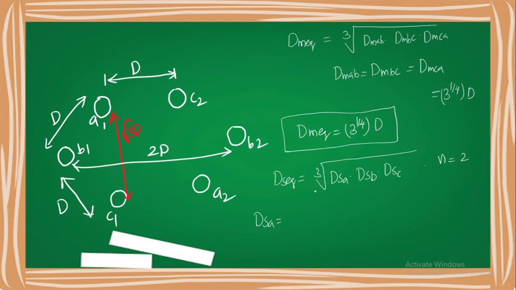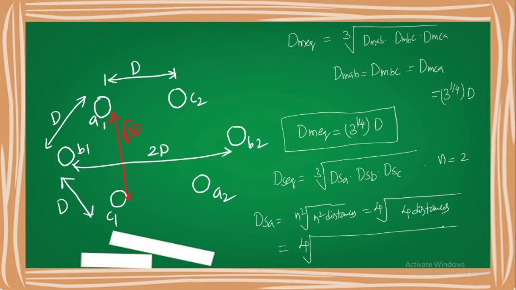As n value is 2, DSA is the n squared root of n square distances, so it is the fourth root of 4 distances. These 4 distances are between the conductors of the same phase. What are the conductors of the same phase? A1, A2. The first distance is A1 to A1, next is A1 to A2, third is A2 to A2, and fourth is A2 to A1.